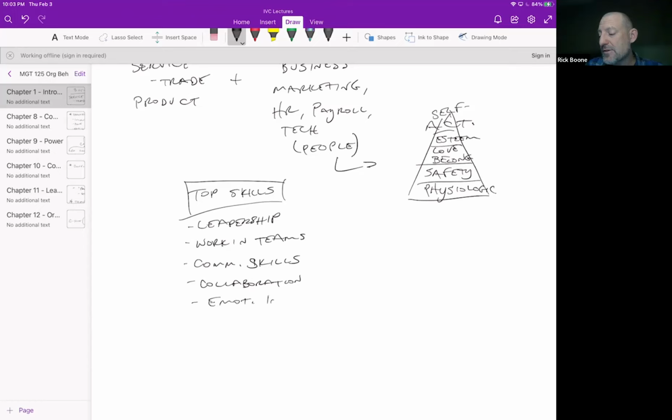Emotional intelligence. Now, this one I love. So if you've never heard this term, emotional intelligence, I first heard this term, emotional intelligence or emotional quotient, in my org behavior class in my MBA program at Cal State Fullerton.